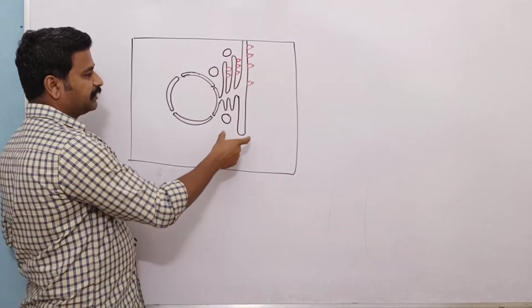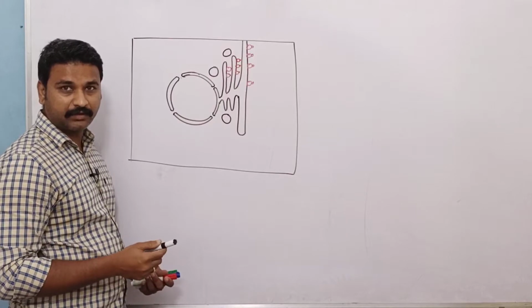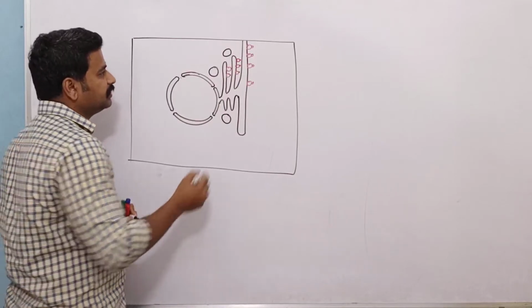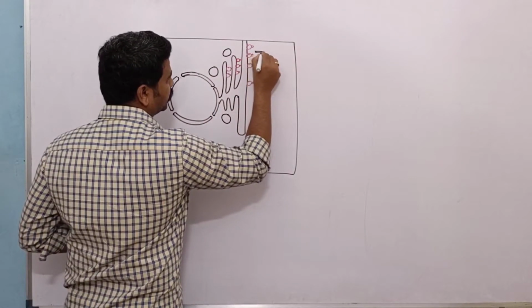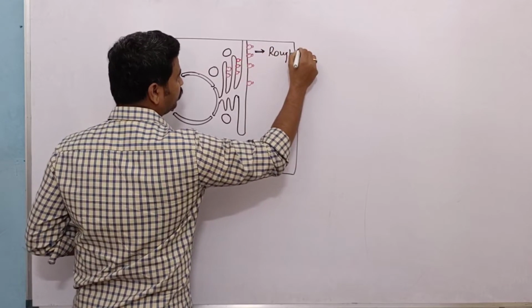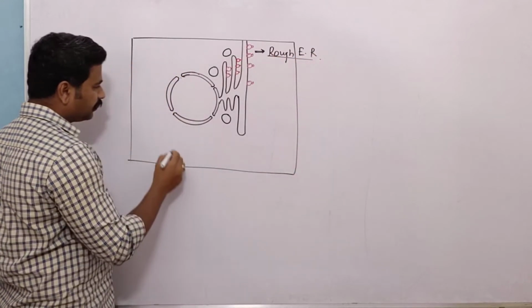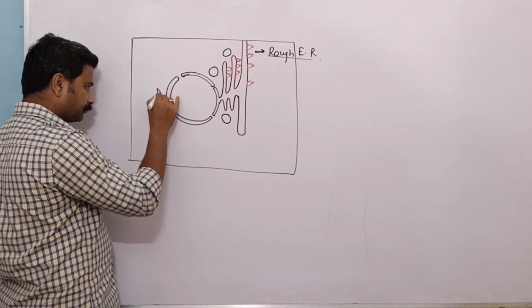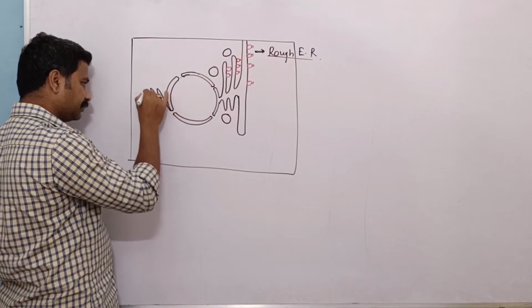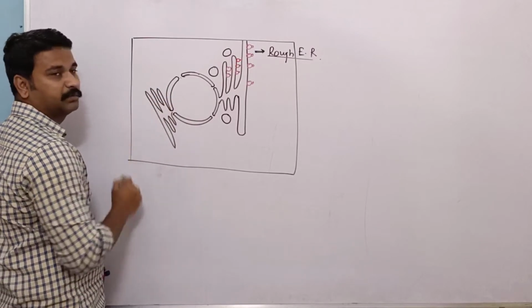Those endoplasmic reticulums which are associated with ribosomes are called rough endoplasmic reticulum. And we can also have a reticular structure which is not associated with ribosomes.